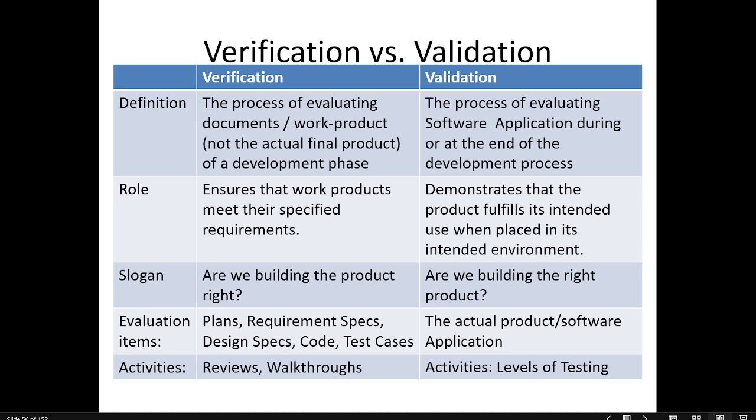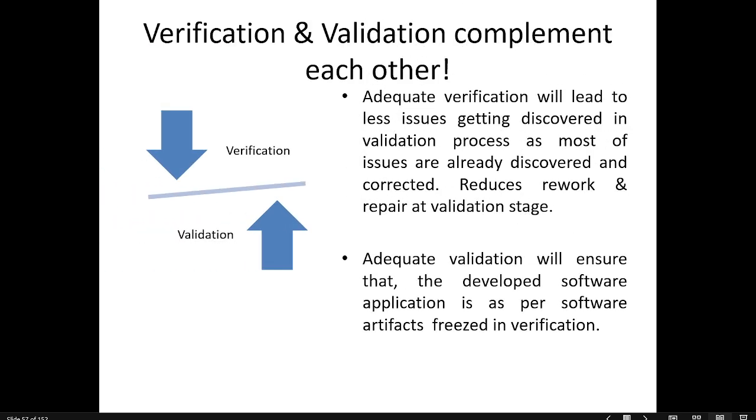Activities: reviews and walkthroughs, which we have already gone through. And in validation, the activities are levels of testing. So all the activities are divided into different levels. Adequate verification will lead to fewer issues being discovered in the validation process, as most of the issues are already discovered and corrected.